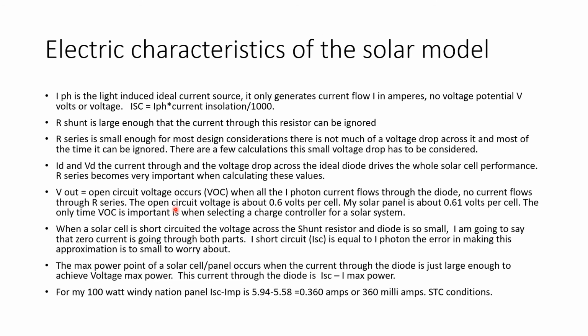Vmax power is important because that determines how much power you can put into your charge controller and how much energy you can put into your battery. All right? Most electronic devices have a limit as to how much voltage they can handle and how much power they can handle.